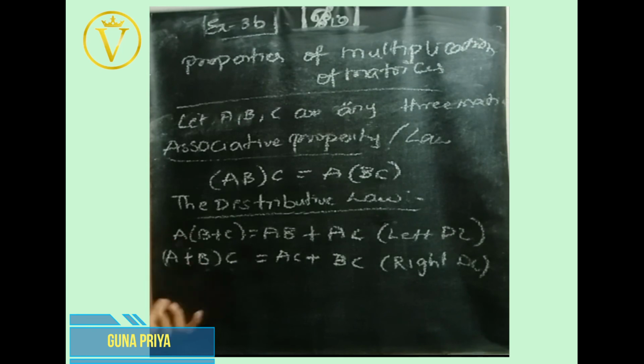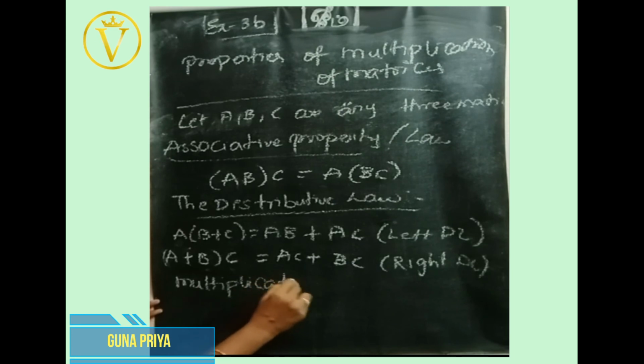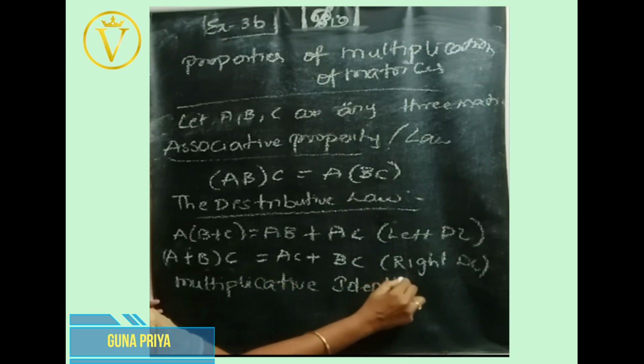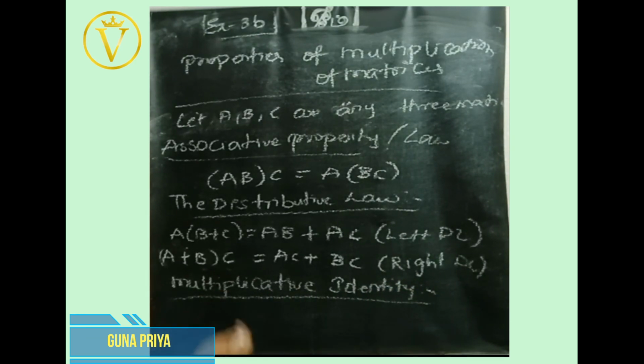These are some basic things. We have to learn this. Okay. Now the existence of the multiplicative identity. Identity means nothing but the unit matrix. You can say identity matrix or unit matrix.